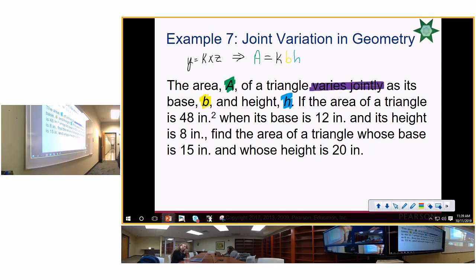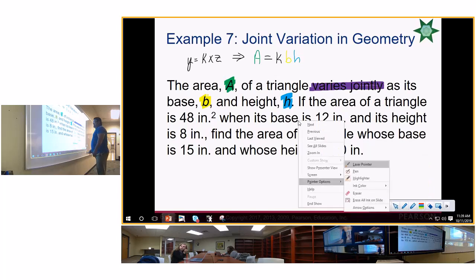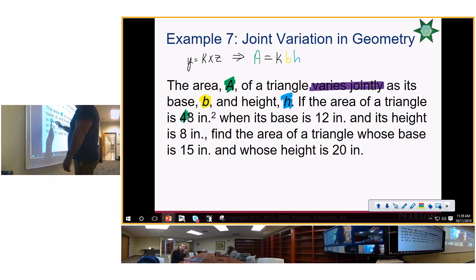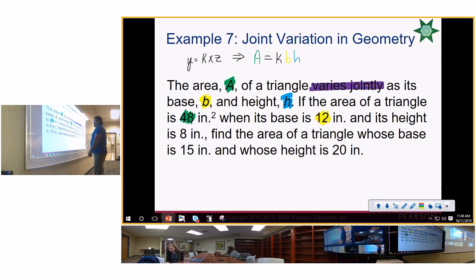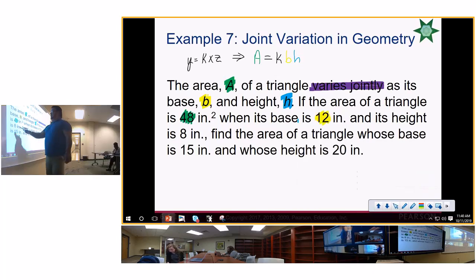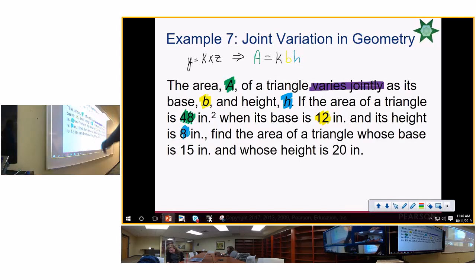Now what do we do? Plug and chug. So what are we going to plug in? Well, I'm going to take my handy dandy highlighter, and A is right here. B is right here, and H is right here. So that's part 2 or 3, one of the two.